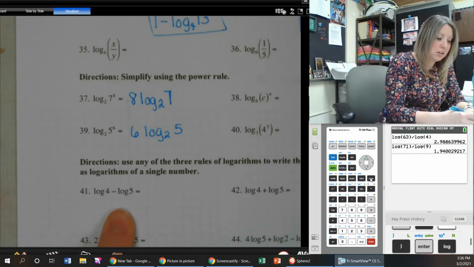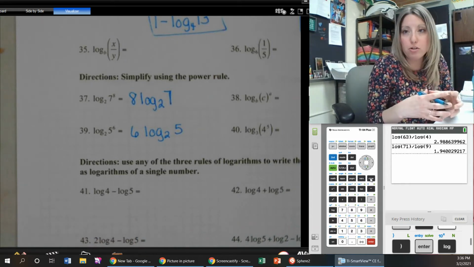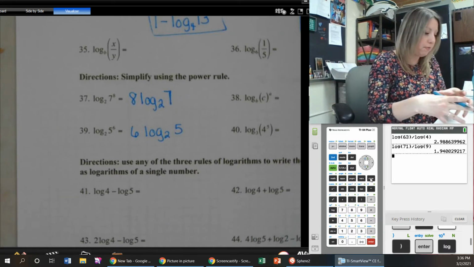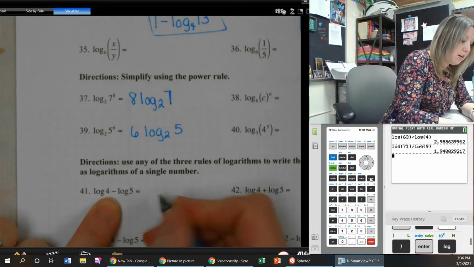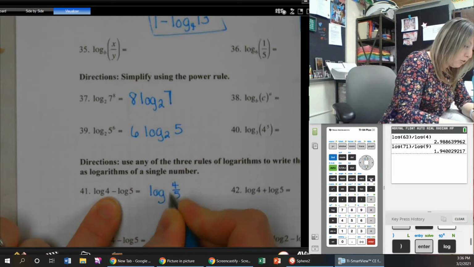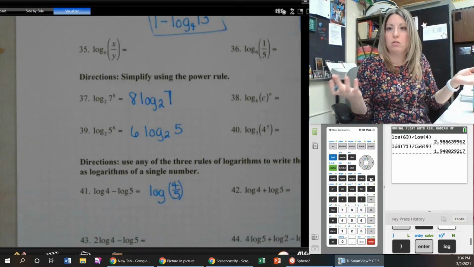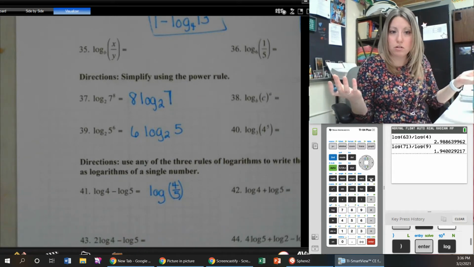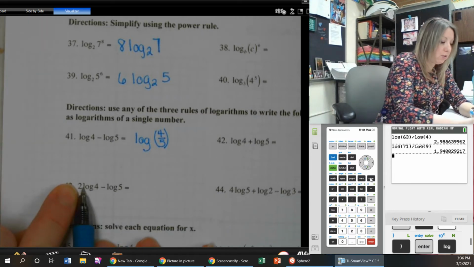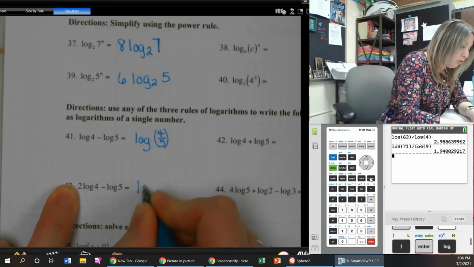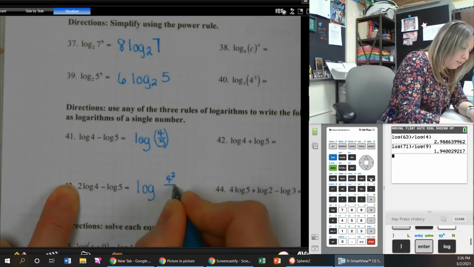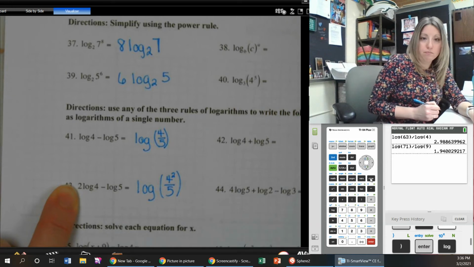When you see these, we simplify them into one log base. So if there's one that's already expanded, simplify it down to one log base. Like here, there's the same log base of 10. There's subtraction between them. So this is a quotient. Here, only the log of 4 is being raised to the second power. So when I create that one log base of 10, it's 4 squared divided by 5 that goes in here.